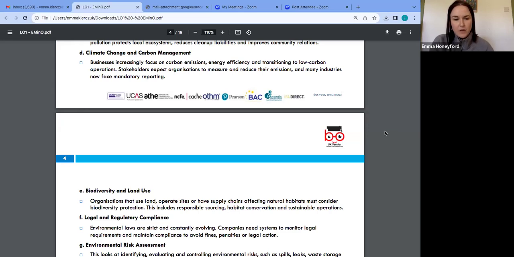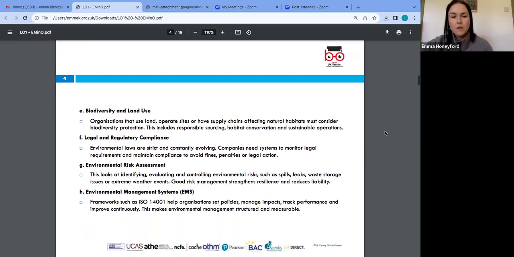And then another key area is legal and regulatory compliance. So I think it is important for organisations to understand what kind of laws may impact them. And companies need systems to monitor these legal requirements to avoid fines, penalties, or legal action. So that is another key driver. Compliance and legal action is a major factor for organisations to take action on this.